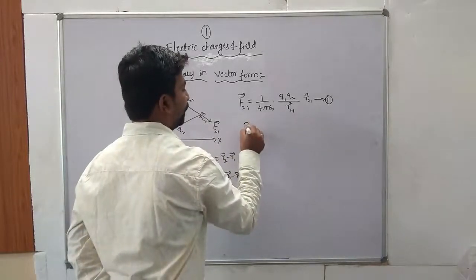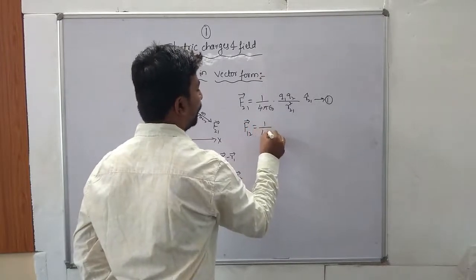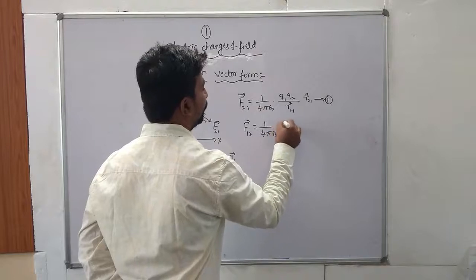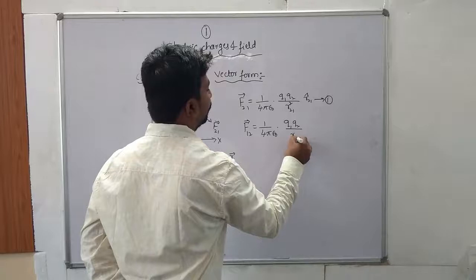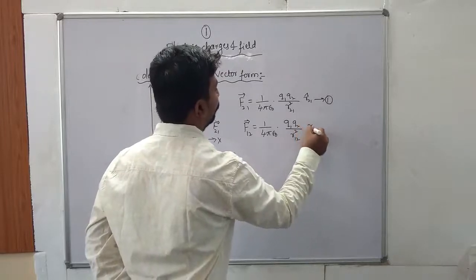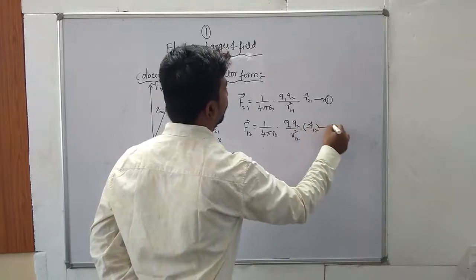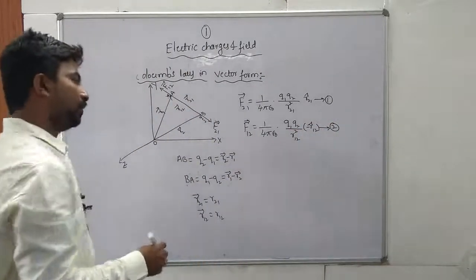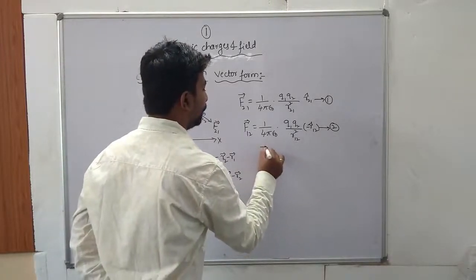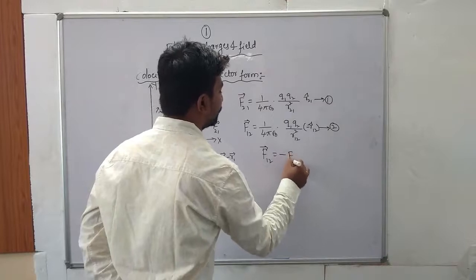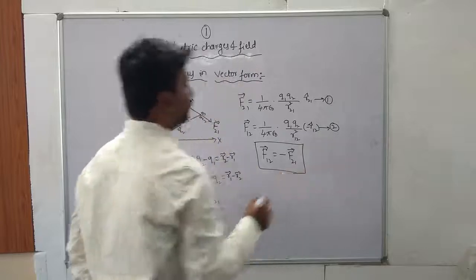So therefore F12 is equal to 1 by 4 pi epsilon naught into Q1 Q2 by R12 square into R12 cap. So this is equation number 2. So therefore finally F12 is equal to minus F21. So this is Coulomb's law in vector form.